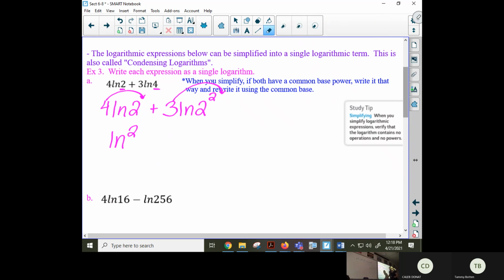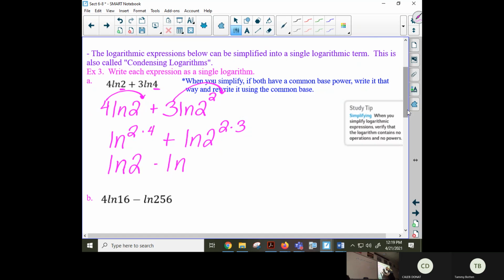It's just another power. It's not 2 to the 4th, it's 2 times 4. Plus, if I bring that 3 up, it's natural log of 2 to the 2 times 3 power. So you just have an extra power there that you're multiplying by. Now if I simplify, 2 times 4 is 8. Oh, I forgot my 2, there we go. So I have the natural log of 2 to the 8th plus the natural log of 2 to the 6th.